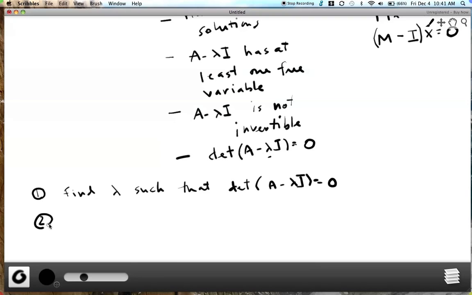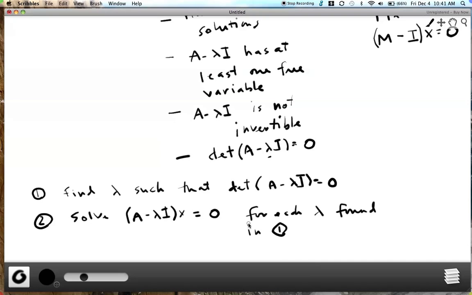And then step 2 will be to solve A minus lambda I times x equals 0 for each lambda found in step 1. Okay, so that's what we're going to do to determine our eigenvalues and our eigenvectors.